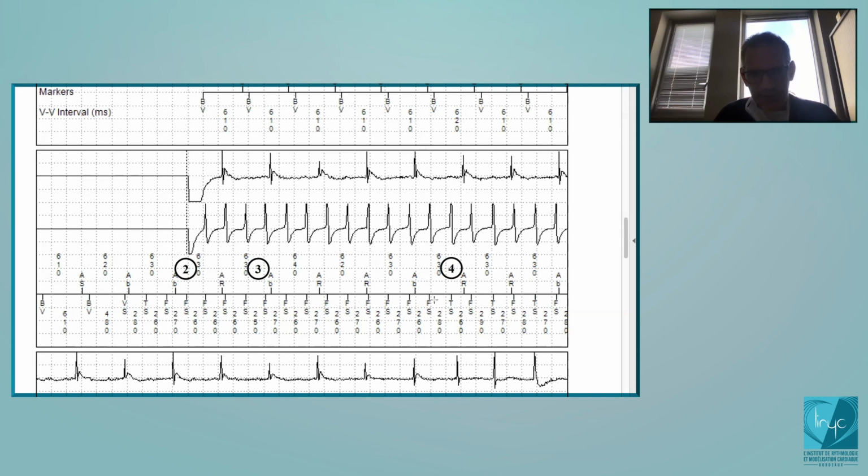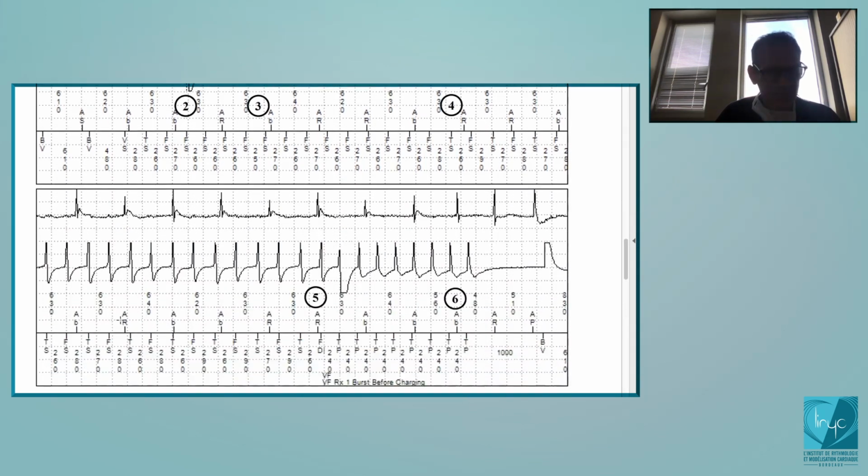You see here there is alternation between VT, VF, VT, VF, VT, VF, VT, VF. It's programmed with 30 out of 40, so you do not fill the VF counter, and it will take a lot of time before filling the VT counter. But you see here that there is a marker FD. It means that there is detection of ventricular fibrillation.